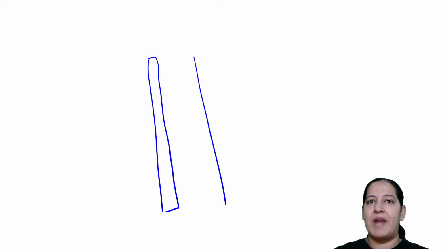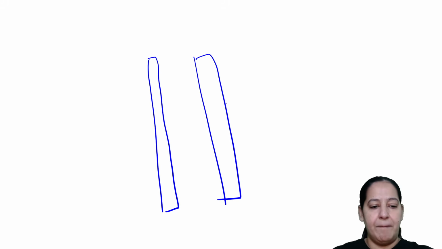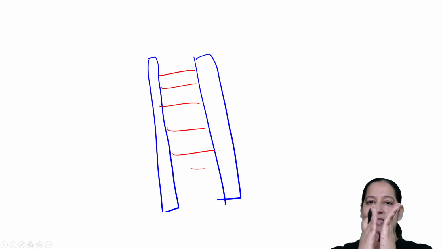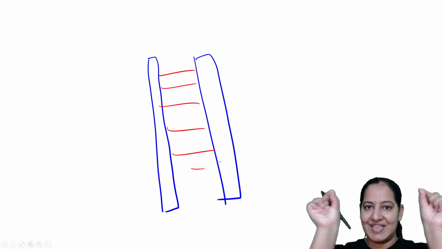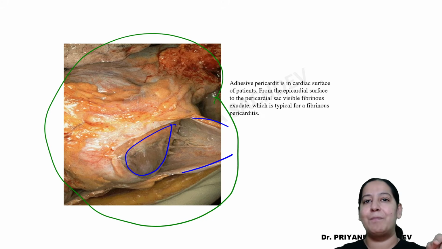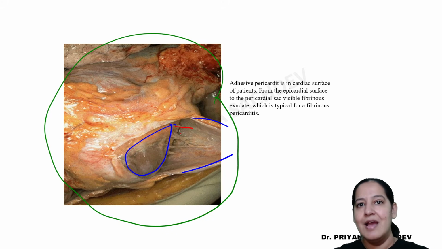What do you mean by bread and butter? These are the two slices of bread. In the sandwich, there is butter in between. If you are separating the two slices of bread with butter in between, you will see the threads. So it is the thready appearance that is known as bread and butter. Please appreciate the threads I'm marking here. Zoom the image. See the threads. So it is bread and butter appearance.